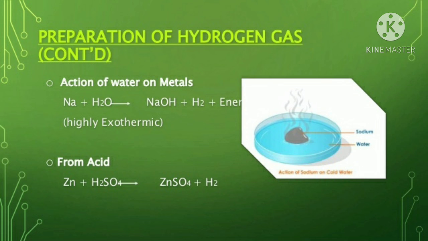When they react with cold water, they liberate metallic hydroxide plus hydrogen. Now here we can see when sodium reacts with cold water, sodium hydroxide and hydrogen are formed, with lots of energy given out.